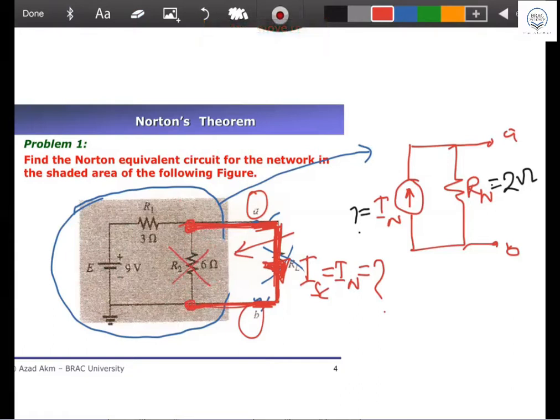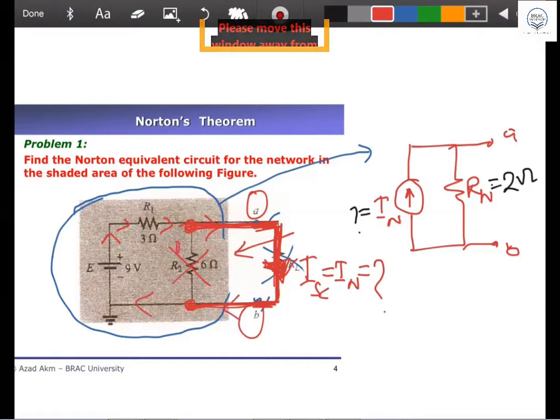Look at it carefully. These are the basic knowledge, and if you don't have a basic idea, your whole life will be a disaster, because you enter into the EEE department, your basics are not clear, you'll be in trouble. Look carefully. The current coming from the battery will go through the short circuit path and come here.